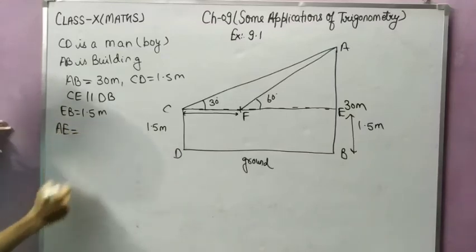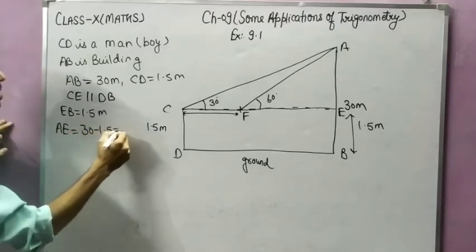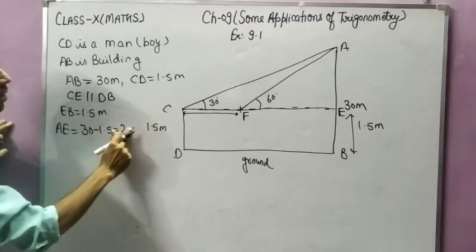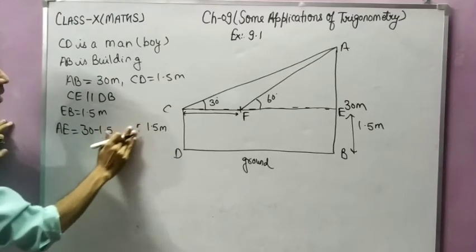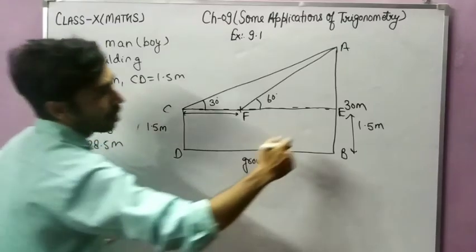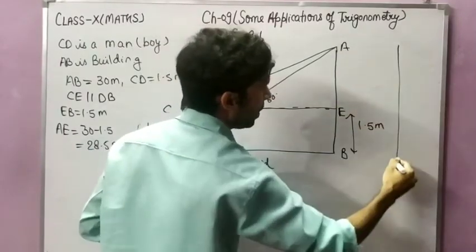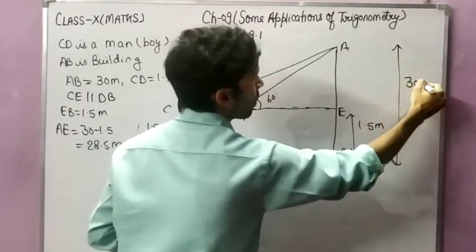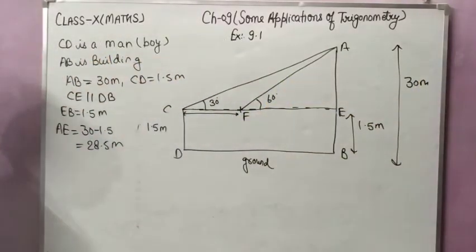The value of AE will be 30 minus 1.5, that is 28.5 meter, because the building was 30 meter tall. Okay, and this much distance is 1.5, so AE will be 28.5. So that much data we have noted down.